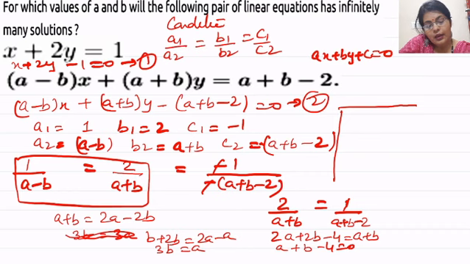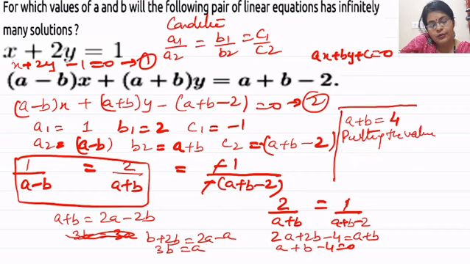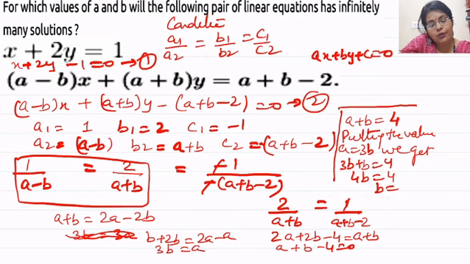Here a plus b equal to 4, and putting the value a is equal to 3b, we get 3b plus b is equal to 4. 4b is equal to 4. b is equal to 1. So we have got b equal to 1.